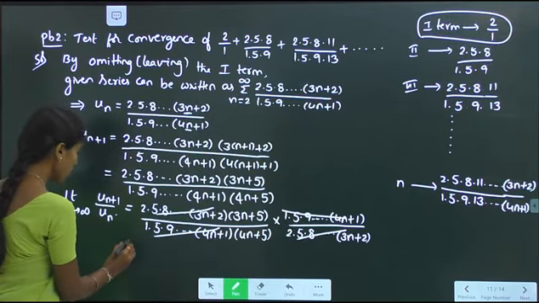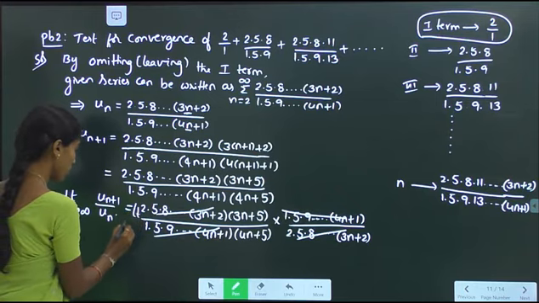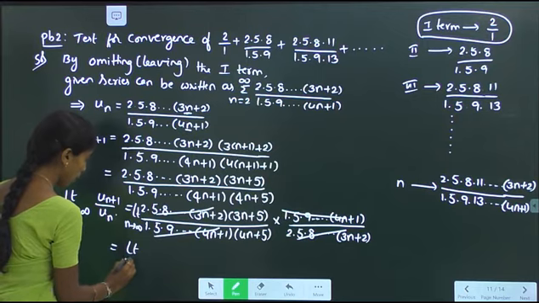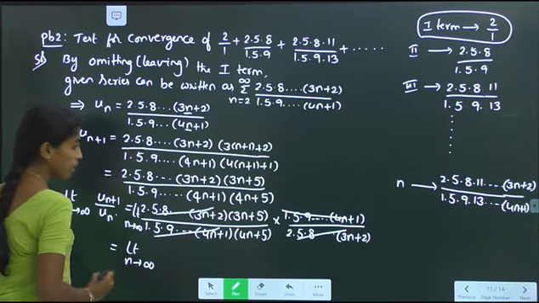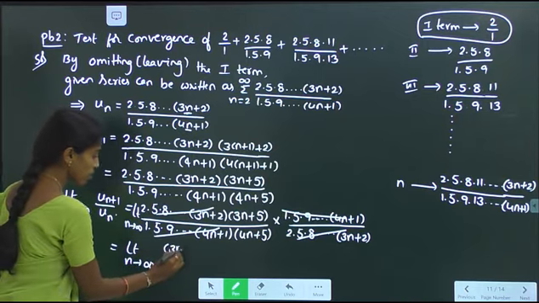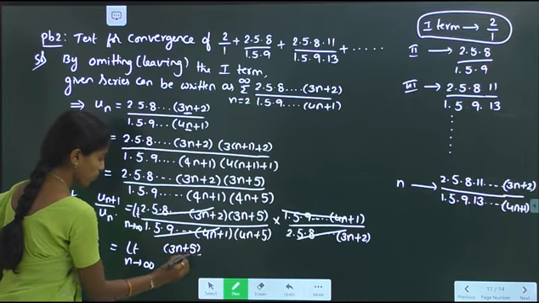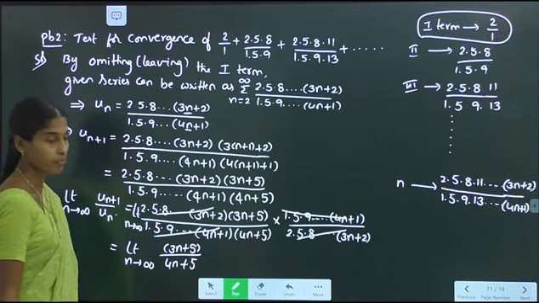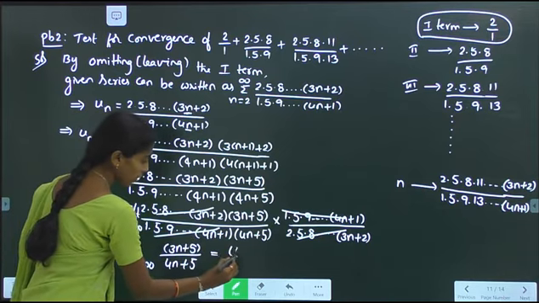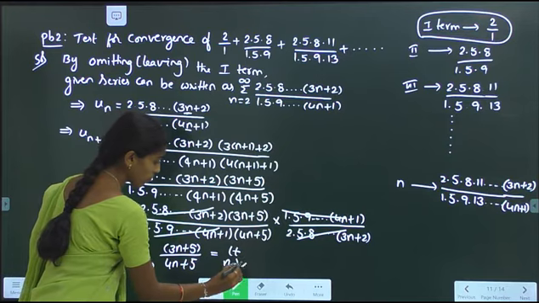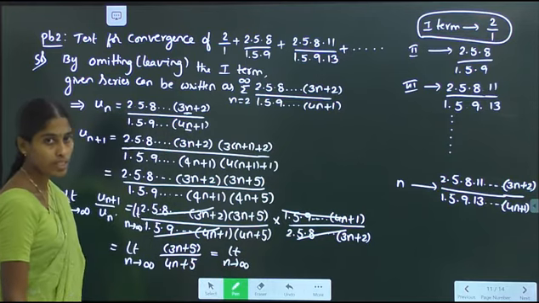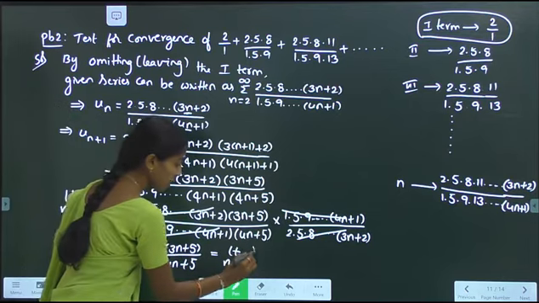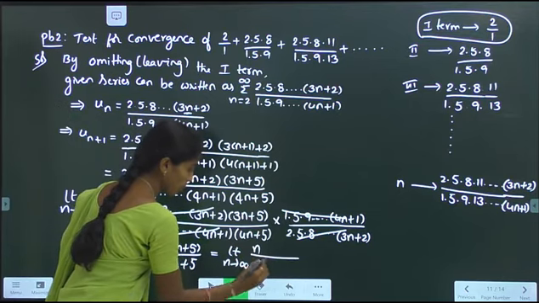So what is remaining? Here limit is there. Remaining in the numerator is 3n plus 5. Remaining in the denominator is 4n plus 5. Directly we can't apply the limit because here suitable conversion is there, which is by taking the maximum power of n from denominator and numerator also common.